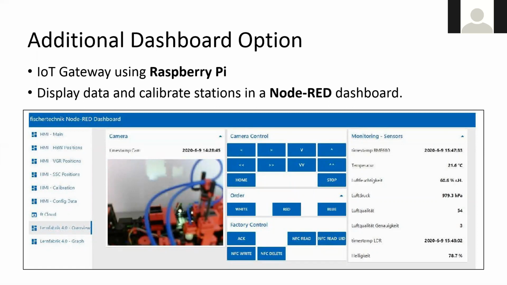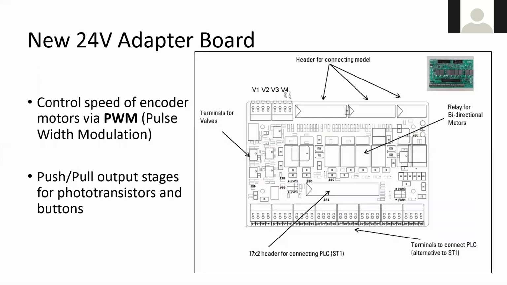This allows the option for not only presenting and using data on a dashboard in the Fischertechnik cloud, as we just saw in the 9-volt version, but also be able to display data and calibrate the stations of the factory in a Node-RED dashboard.